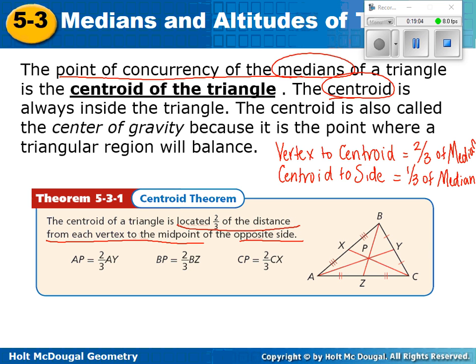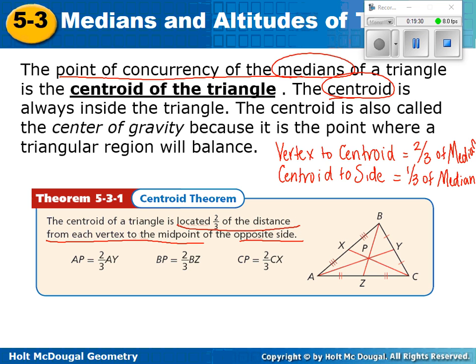Okay, draw in vertex to midpoint. Estimate about where you think the midpoints are. Does it land inside? Yes, so just like the in-center, the centroid is always inside, right?